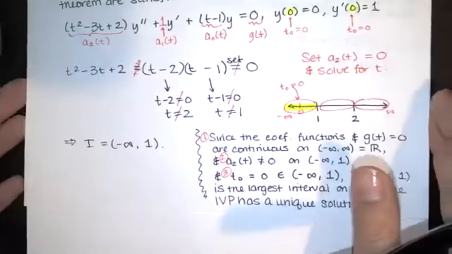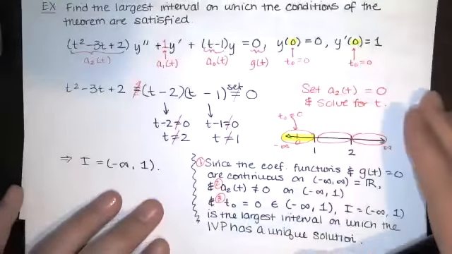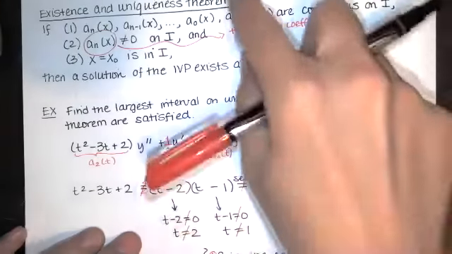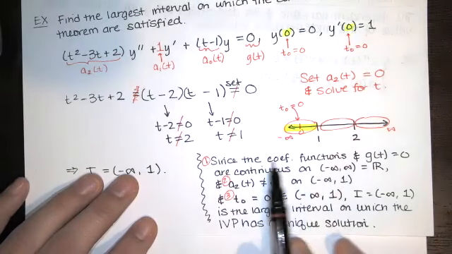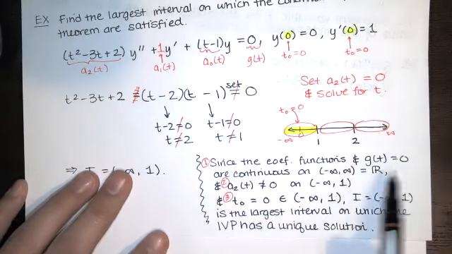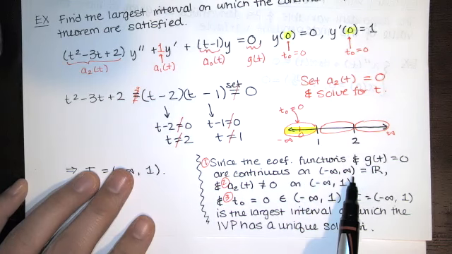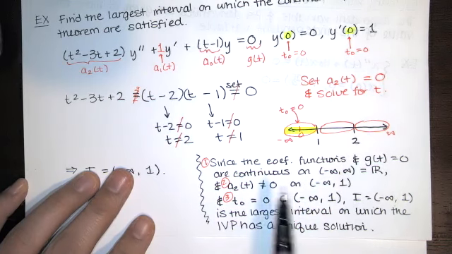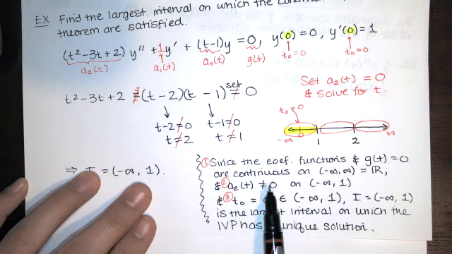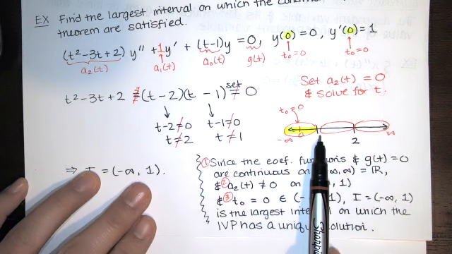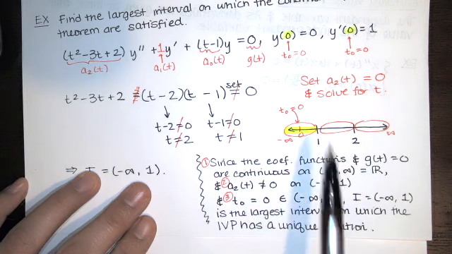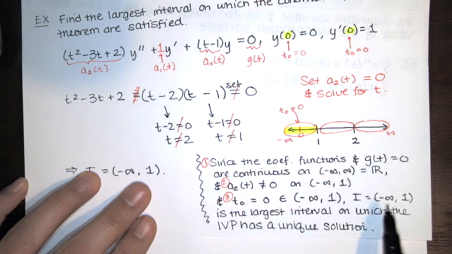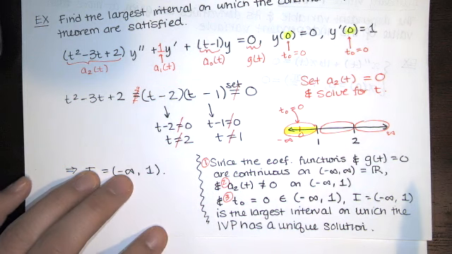So basically what I do when I want to state my conclusion is I go through each of these 3 conditions for the existence and uniqueness theorem. I say, since the coefficient functions and g of t, which happen to be 0, are continuous on negative infinity to infinity, that's the entire real line, and our leading coefficient function is non-zero on the interval from negative infinity to 1, and t naught equals 0 is in the interval from negative infinity to 1, then the interval from negative infinity to 1 is the largest interval on which the IVP has a unique solution.